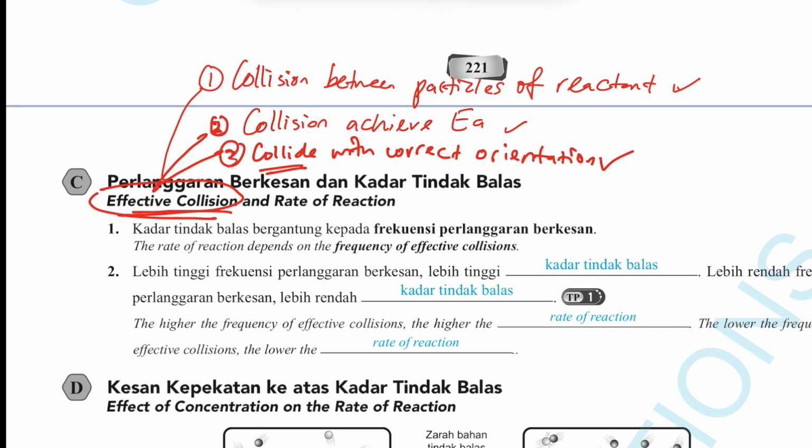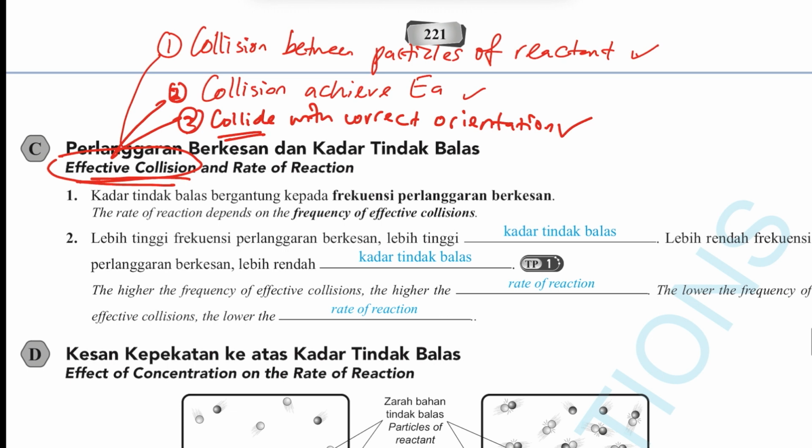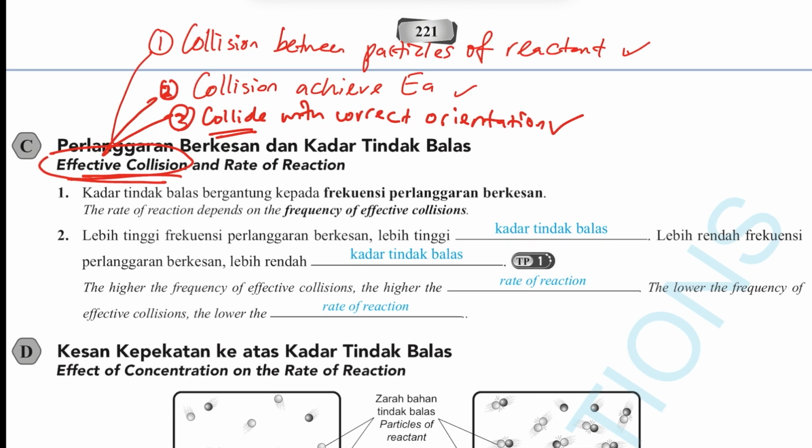Jadi kadar tindak balas bergantung kepada frekuensi pelanggaran berkesan, frequency of effective collision. The higher the frequency of effective collision, the higher the rate of reaction. The lower the frequency of effective collision, the lower the rate of reaction.